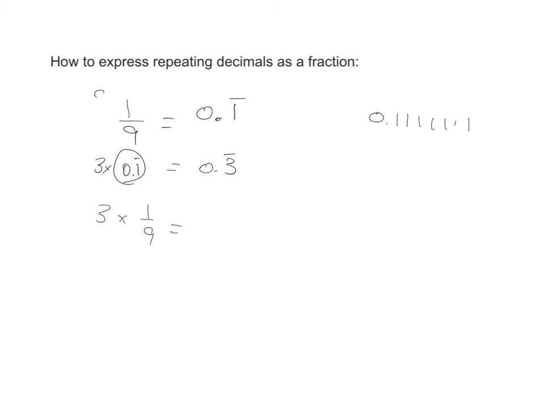So therefore 3 times more than 1/9 is just 3/9, which you know these can both be divided by 3, which gives us 1/3. So 0.3 repeating is the same as 0.11111 repeating times 3, and 0.11111 repeating is just 1/9. So 3 times a ninth is just 3/9, which is 1/3.